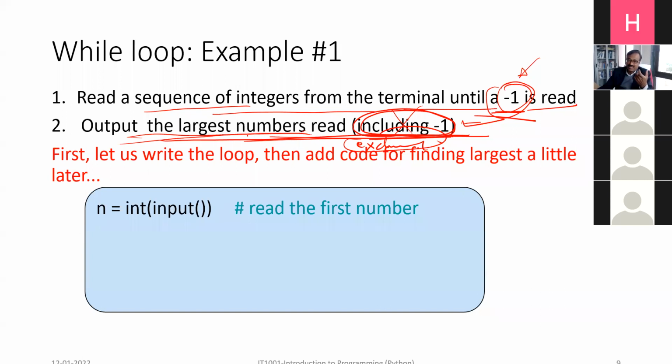I check whether 10 is more than 5, and if yes, I make my maximum 10. Then I look for the third input. If the third is an even bigger number, my max value is going to be updated by the third number, and so on. If I get the fourth number as a lesser number, then my max is not going to get updated. It will remain the previous max.